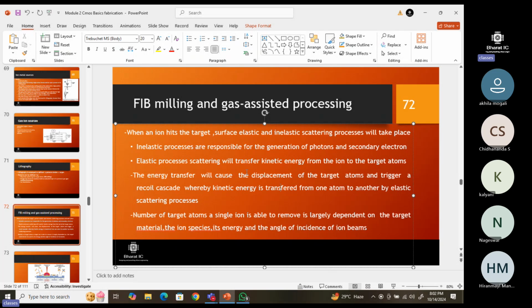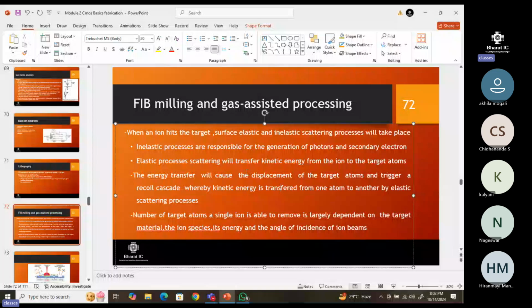Actually, you will be reading this term in the electromigration technique also. This happens when the momentum of the ion, the kinetic energy, gets transferred to the nearby atom and creates a sudden drift.